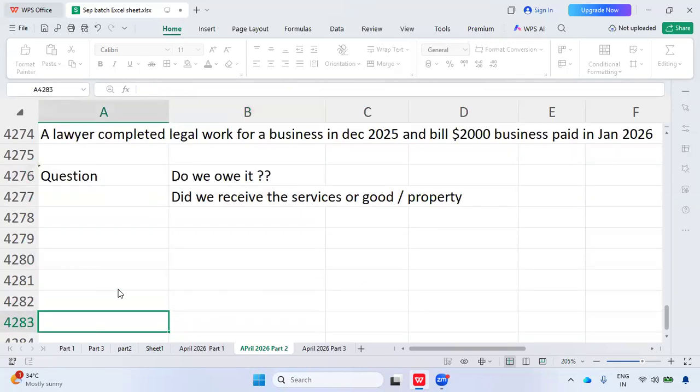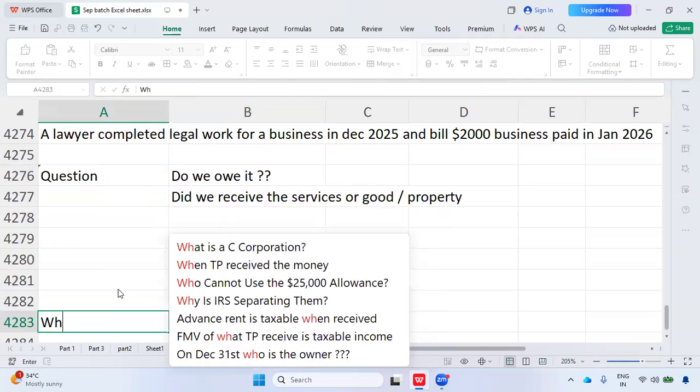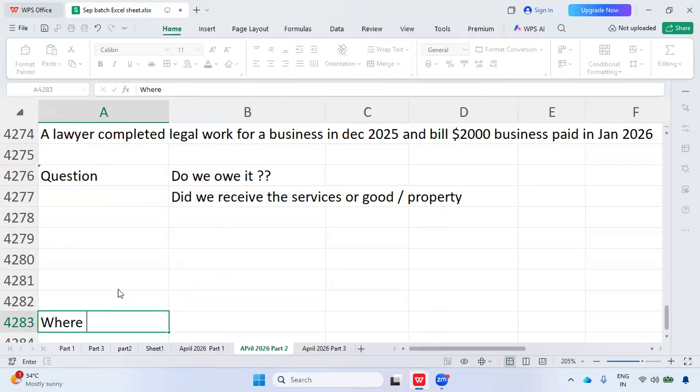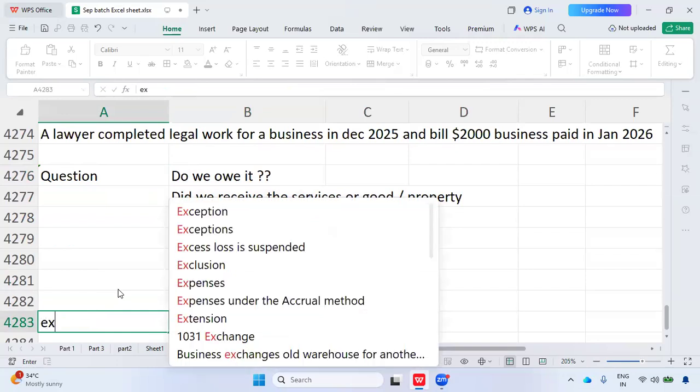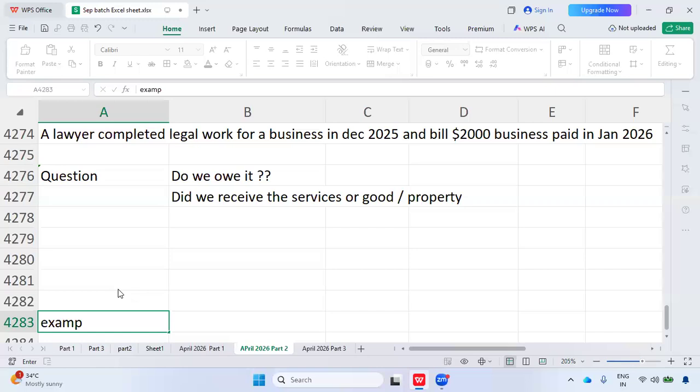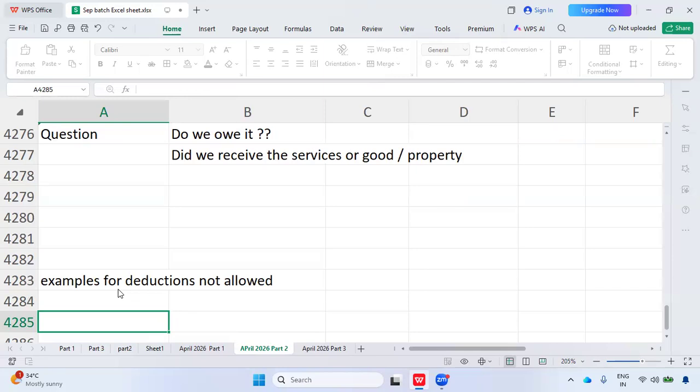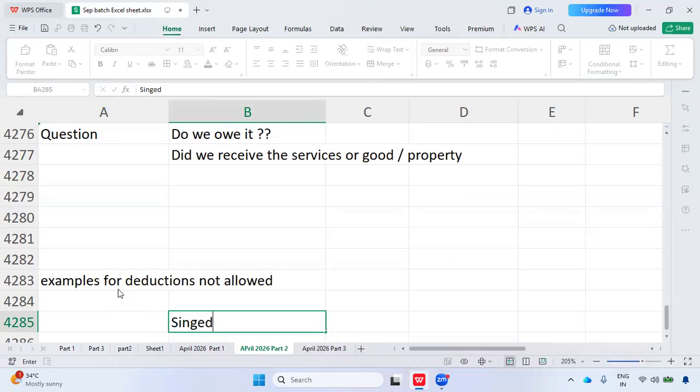So next one, deductions which are not allowed. Examples of deductions not allowed. There is a business, and the business signed a contract in December.